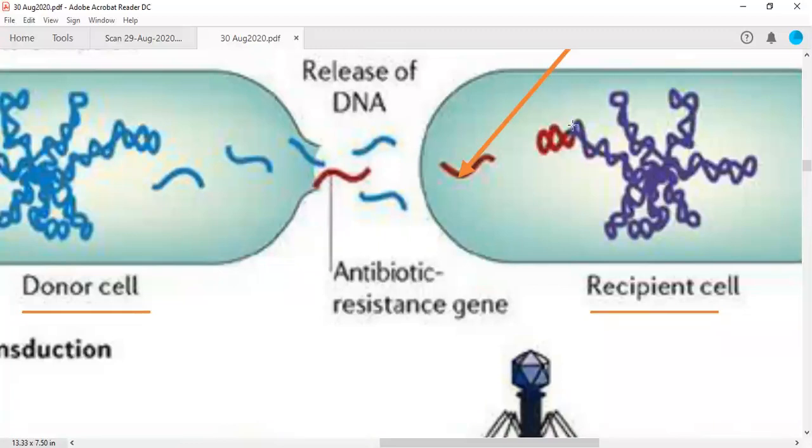It will be integrated into the endogenote. Suppose it is having two genes. I'm showing one gene here, this is gene A, and one gene is here, this is B.